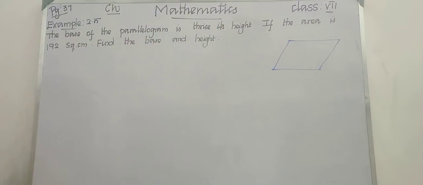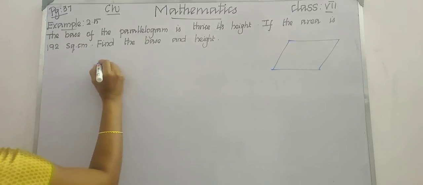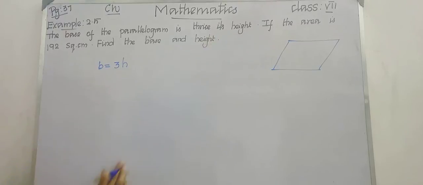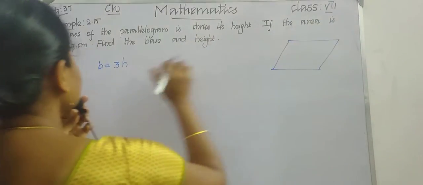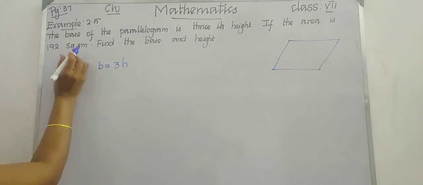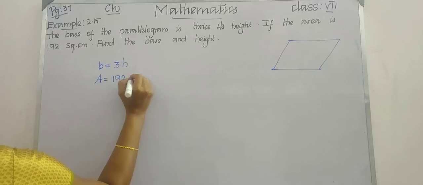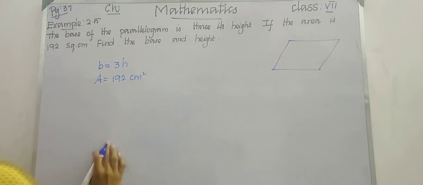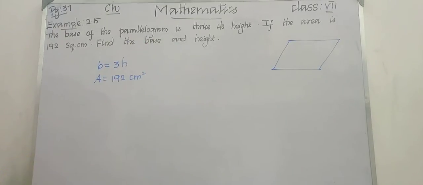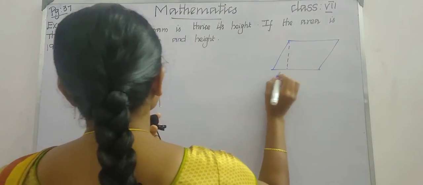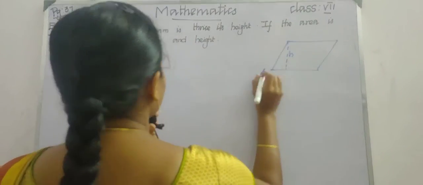Base of the parallelogram, base equal to 3 times H, thrice its height. If the area is 192 centimeter square, area is given, that is 192 centimeter square, find the base and height. So it is a parallelogram, and its height.